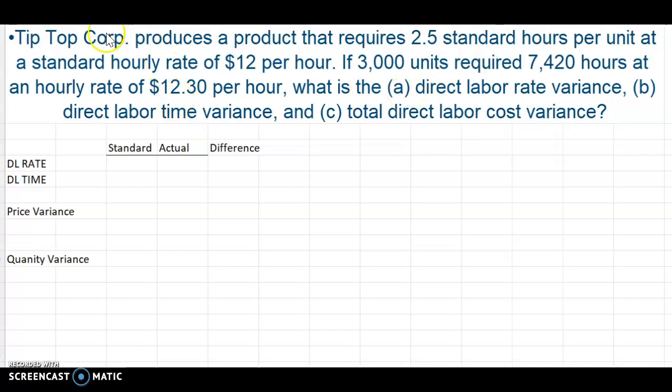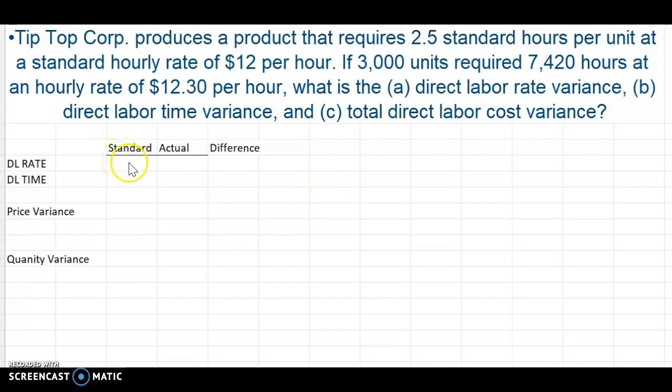So let's look. Tip Top produces a product that requires 2.5 standard hours per unit at a standard rate of $12 per hour. If 3,000 units required 7,420 hours at an hourly rate of $12.30 per hour, what are the direct labor variances? So let's do our rate first.